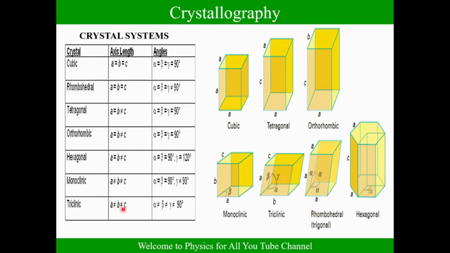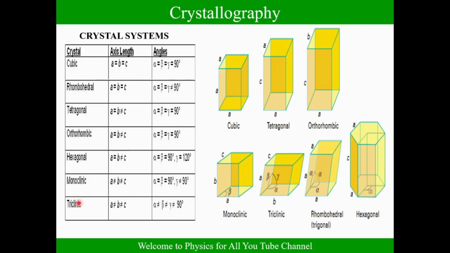In this system, all sides are not equal to each other, that is the x-axis length, y length and z length, represented by A, B, C, are all not equal to each other. Coming to the angles, alpha is not equal to beta is not equal to gamma is not equal to 90 degrees. Such a system is called a triclinic crystal system.